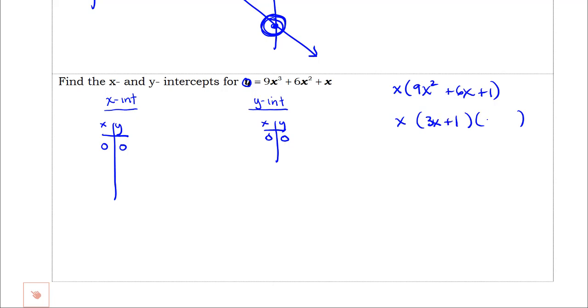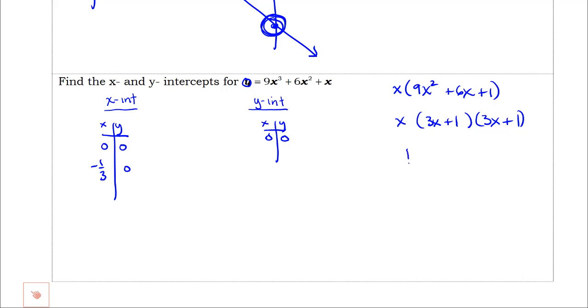Kind of get your brain in gear for factoring. And so then, who else do I add here? Is that the x-intercept or y-intercept? X, so negative 1/3, and y is still 0.